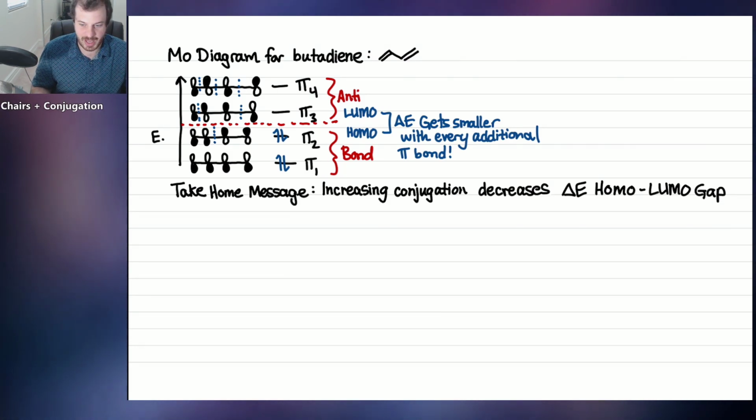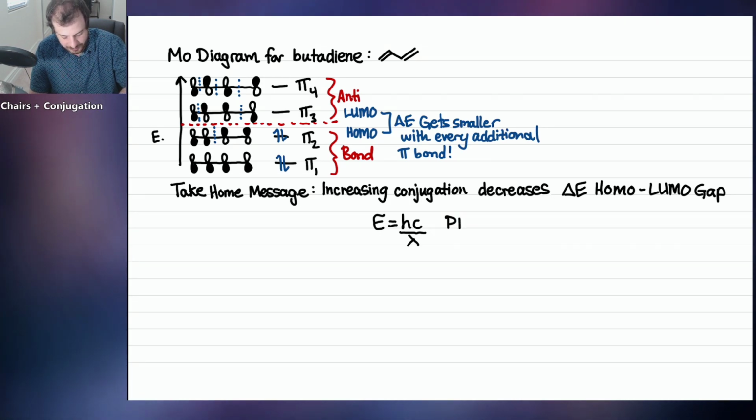Okay, why does this matter? An old formula you may remember back from general chemistry, which is energy equals hc over lambda. This formula is a relationship between energy and light, which is lambda, which is the wavelength of light.